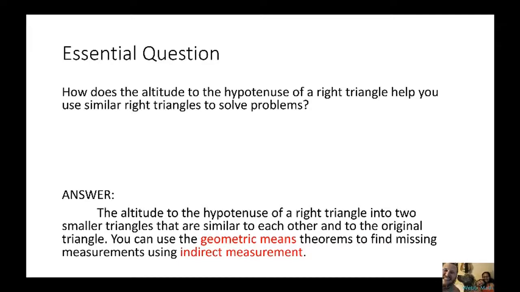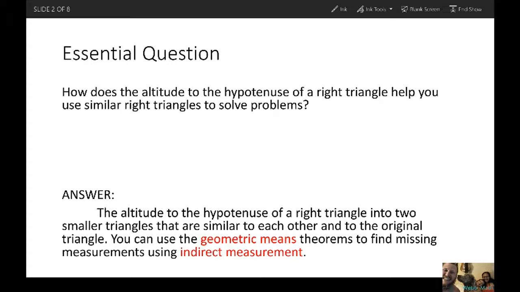You can use the geometric means theorem to find missing measurements using indirect measurement. So basically what I just read is that, let's say you have a right triangle, like a nice big one. And all of a sudden you find an altitude and you cut this guy in half.